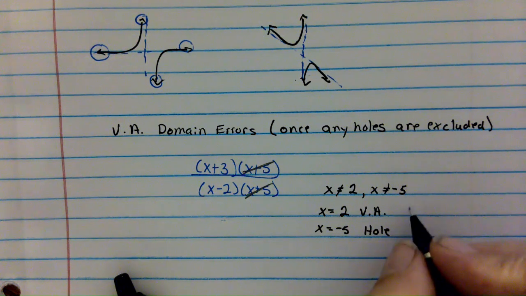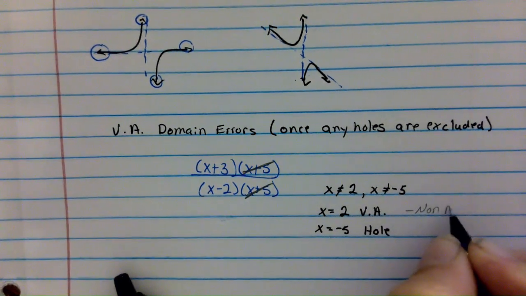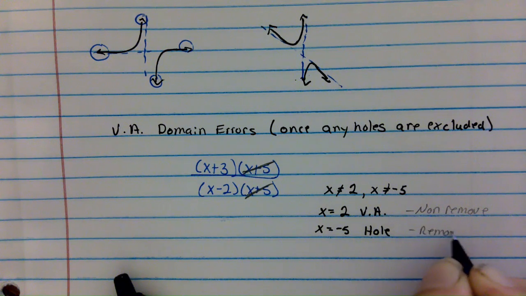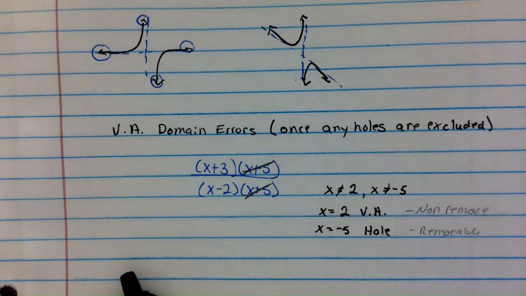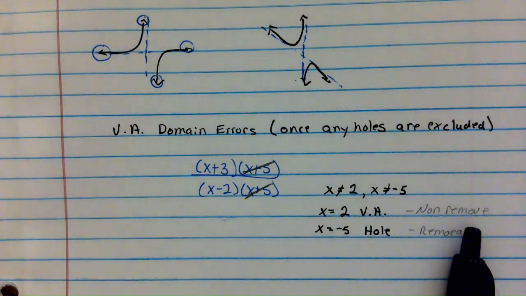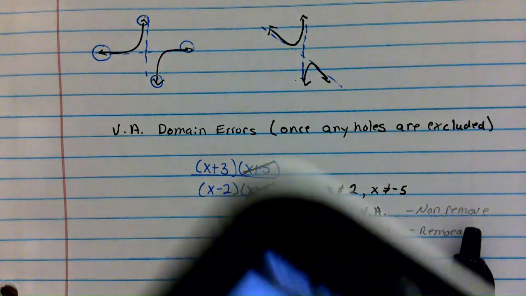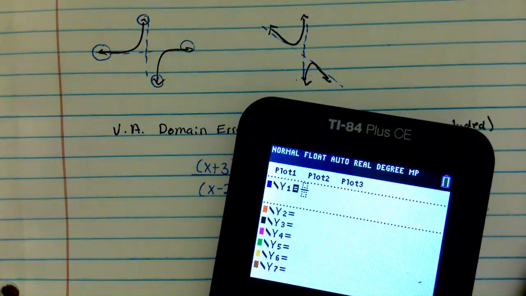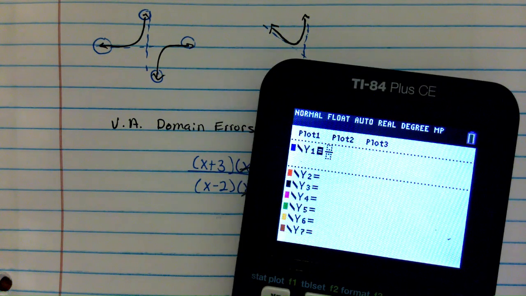So non-removable versus removable. And a lot of times you're not going to see the hole where you will see the asymptote. So let's go ahead and pop that fraction in here. And again, I'm going to do it in the unreduced version first.